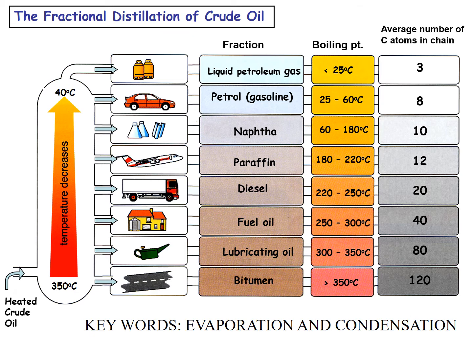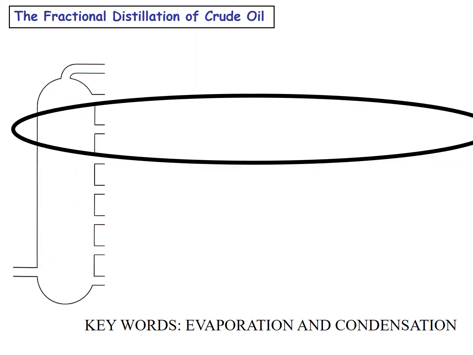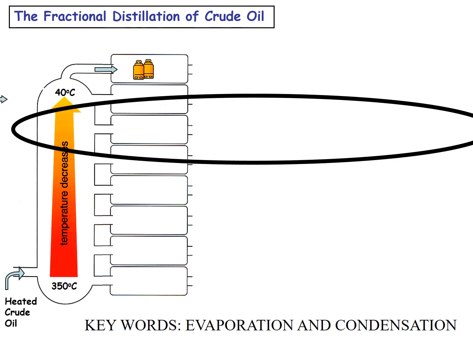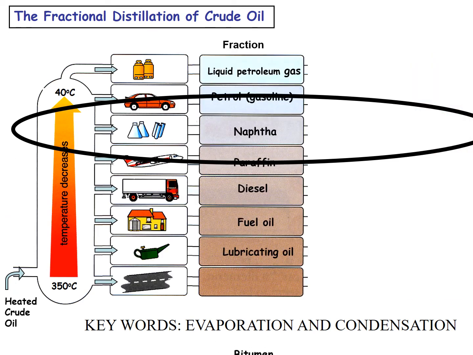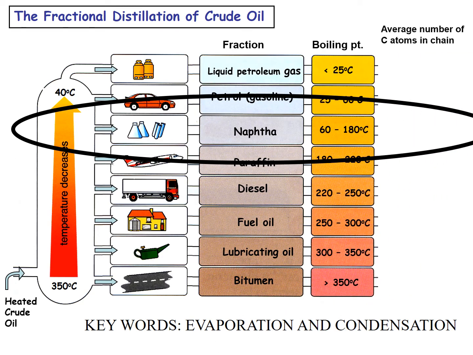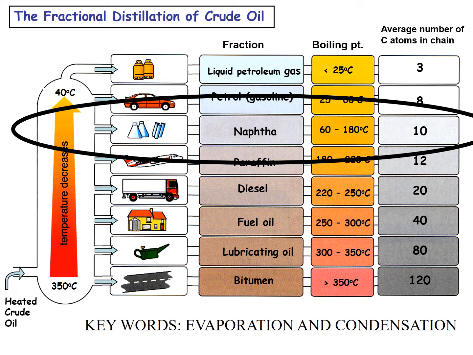So what we're going to look at now is one important part of the fractional distillation process, and that is one fraction which is called naphtha. Now, naphtha is a really useful chemical to get out of crude oil.